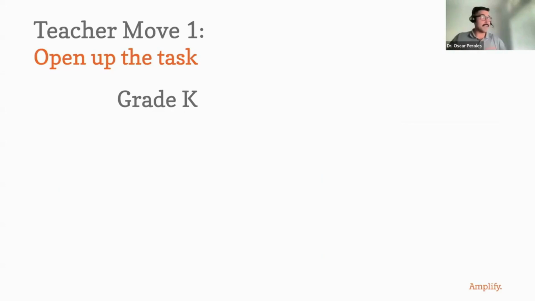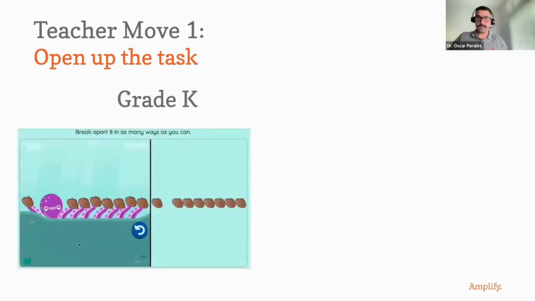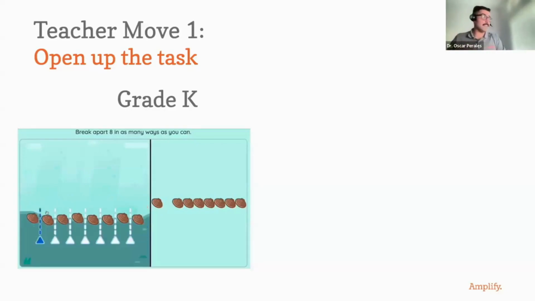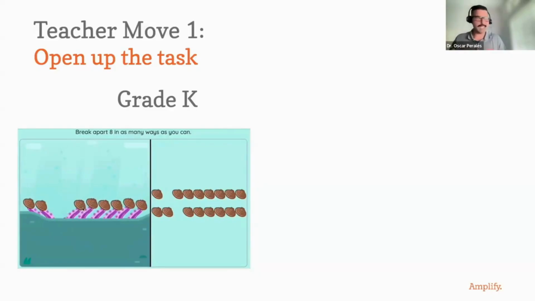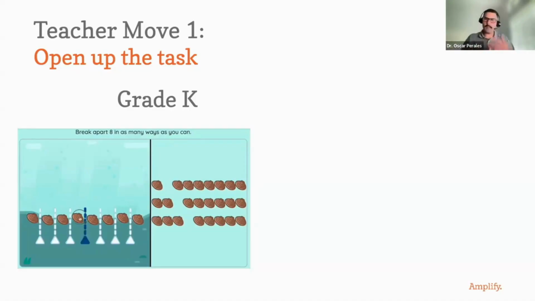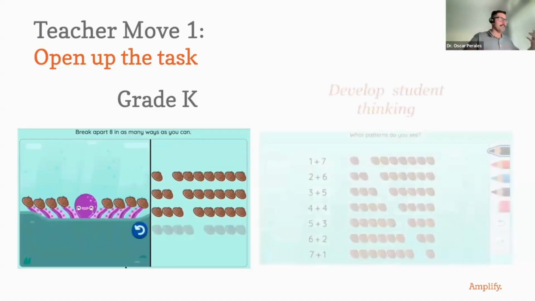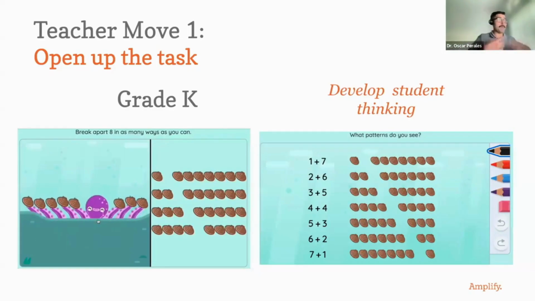We invite it. And then once we invite it, we want to start developing that student thinking, right? So as the students are progressing through this activity, now we're asking them to break apart eight as many ways as they can, right? And as they're doing it, they're getting that feedback from the technology in a way that's helping them organize and develop and see different patterns, right? What patterns do you see?